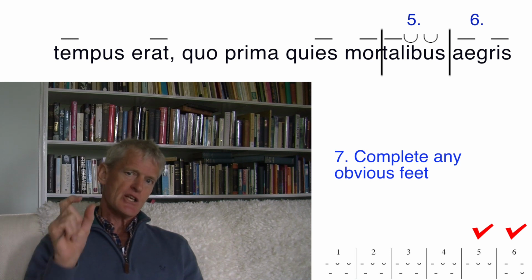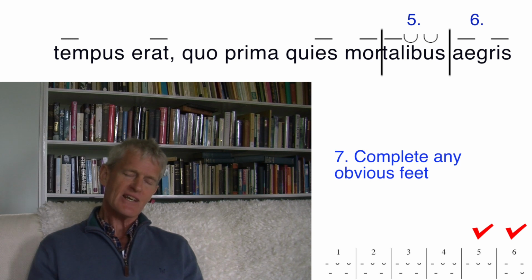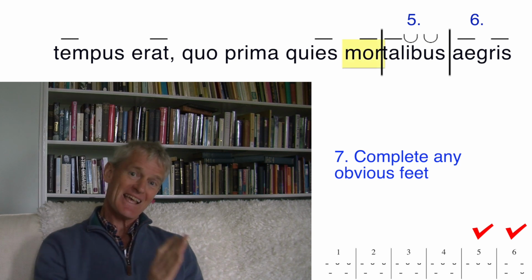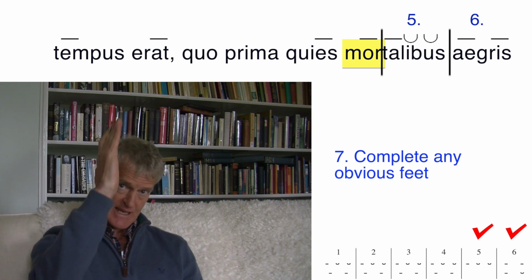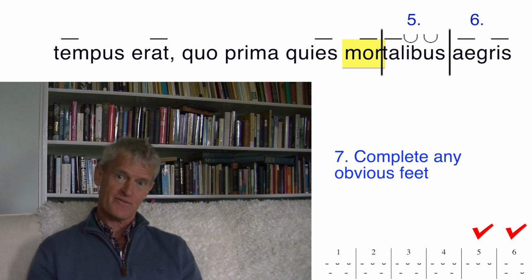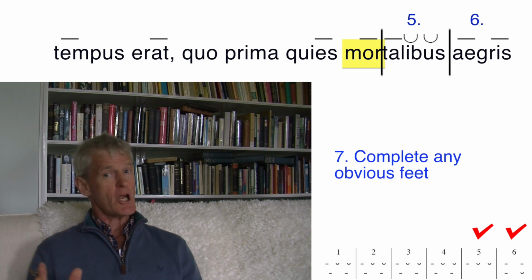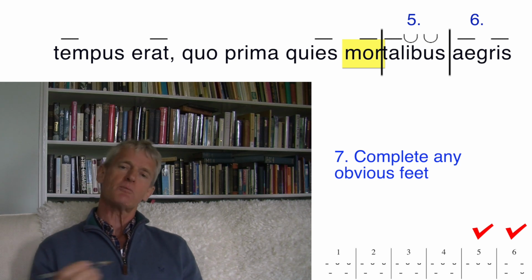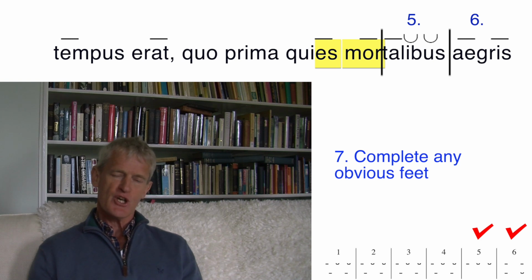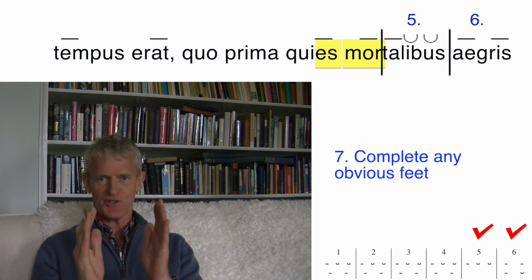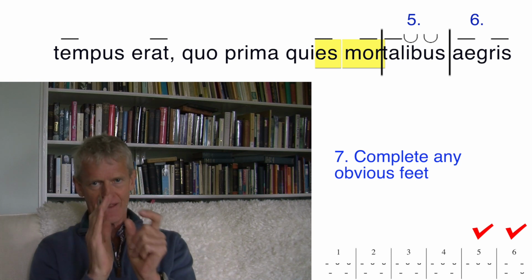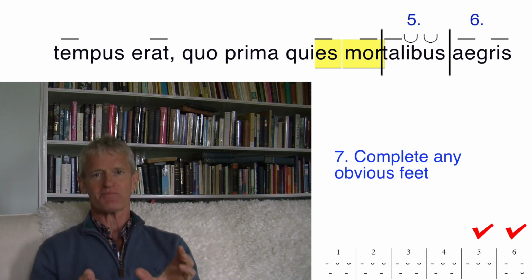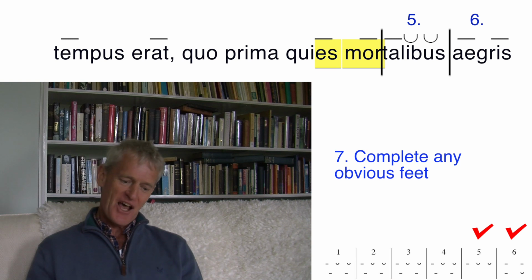Now, because that long syllable is at the end of a foot, there's a division immediately after it, we absolutely know that the syllable before it must also be long, because you can't have a foot that goes short long. That's not a thing that can happen in a hexameter line.